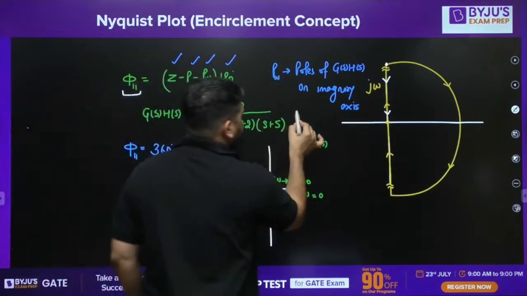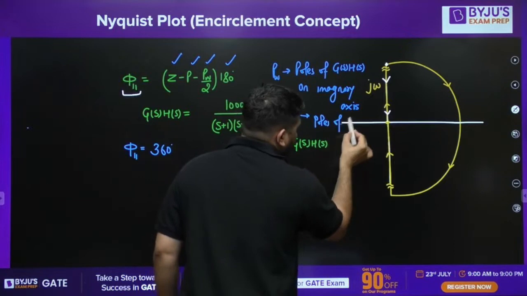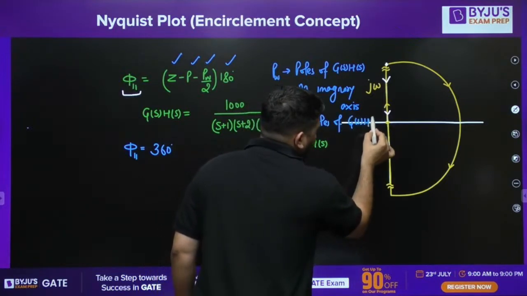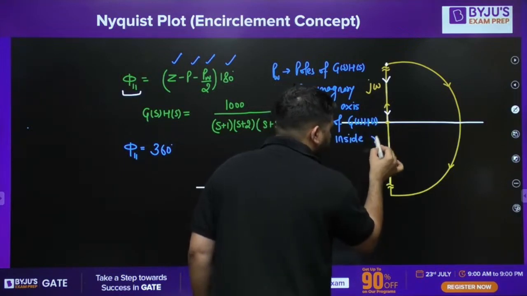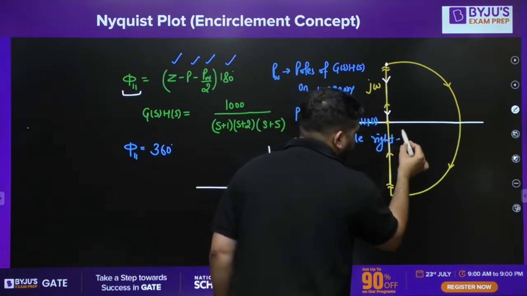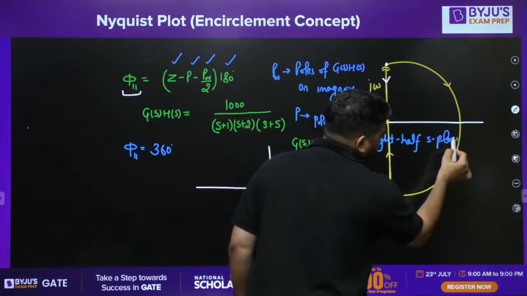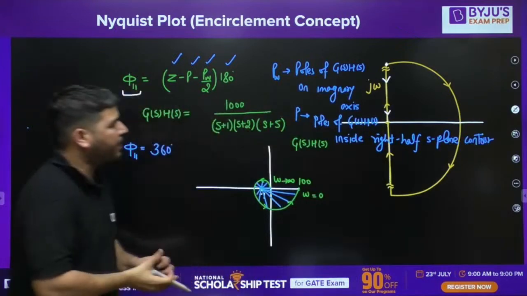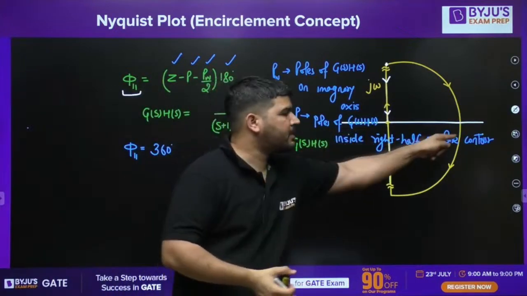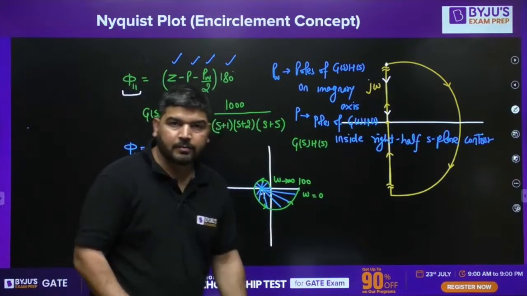P is the poles of GSHS inside the right half S-plane contour. PW is the poles of GSHS on the imaginary axis. And Z we need to calculate.